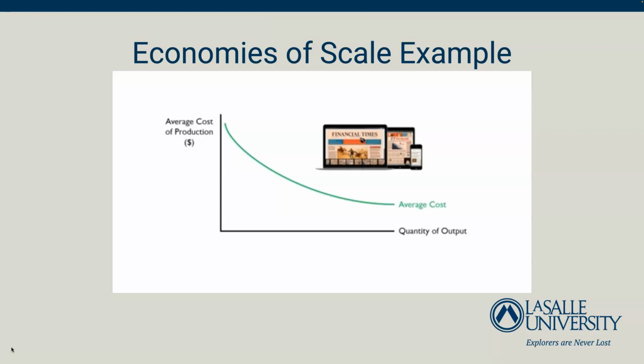So if they incur an average cost per subscriber of 25 cents and they charge $2 or $3 per issue, they start to make a bit of money through those economies of scale in production and distribution.